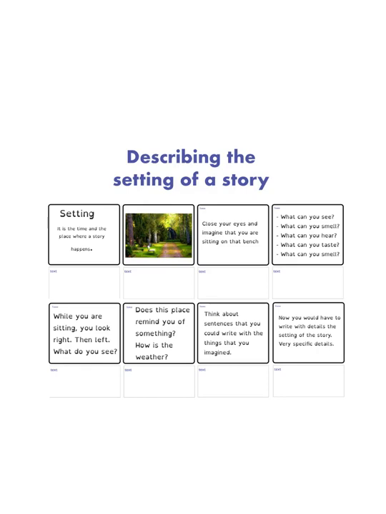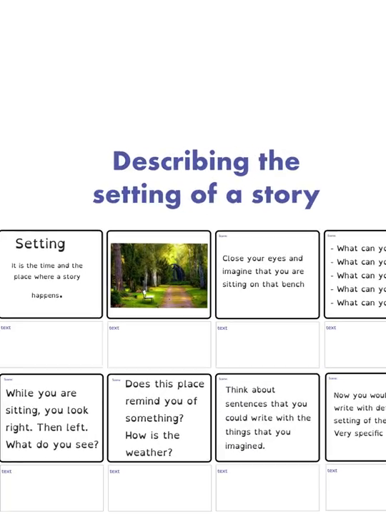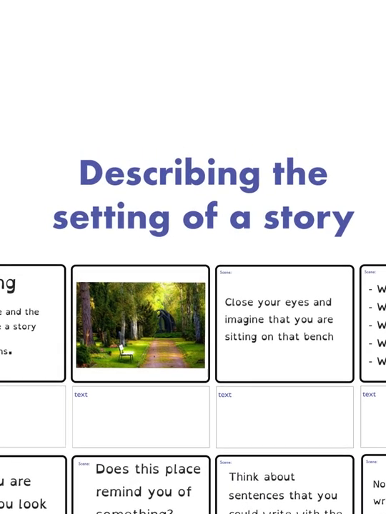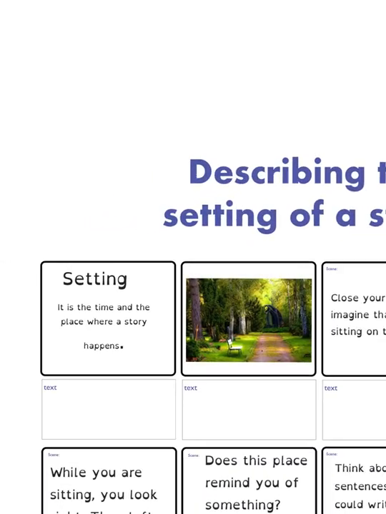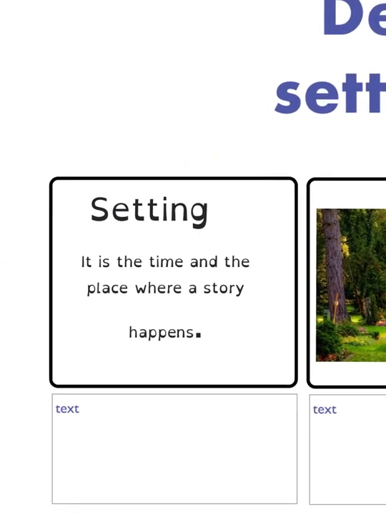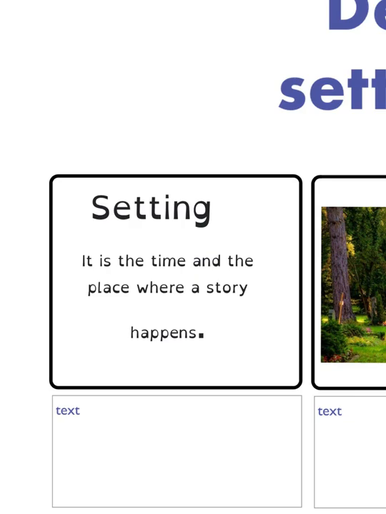As you know, we've been practicing adjectives, and today we talk about describing the setting of a story. So what is the setting? The setting, as we said today, is where the story happens, where the story is developed, the time and the place.